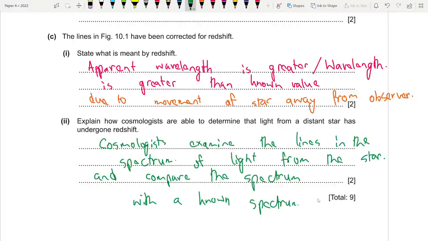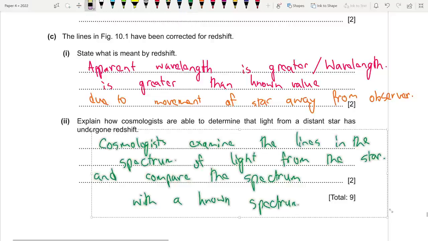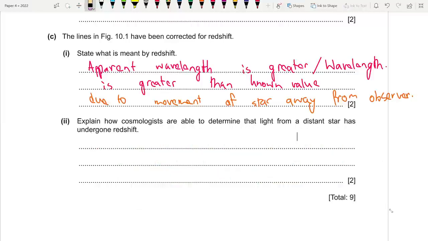In the mark scheme, they've said that by examining the lines in the spectrum of light from the star, I wrote this in a different way. Let me write the mark scheme answer so it will match more with you guys. But you could write it like this as well. So let me explain meanwhile.